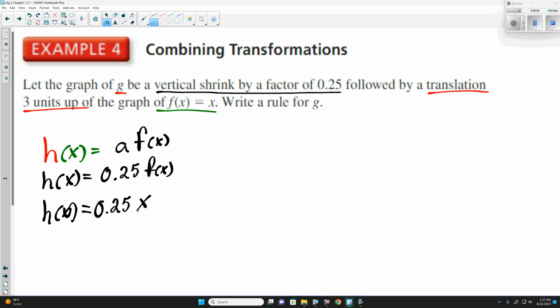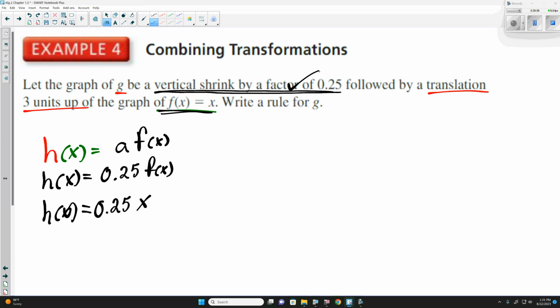F of x equals x. We could put parentheses around it. The 3 comes next, because right now we're just focused on our first transformation. So the first thing we've done to this function is a vertical shrink by 0.25. We applied that to the function, and after applying that, we get 0.25x. So we've done the first part, followed by a translation of 3 units up.